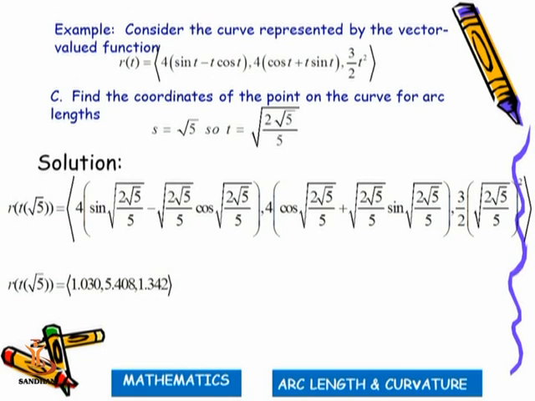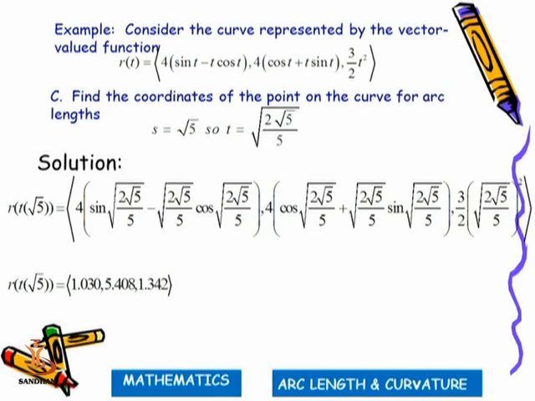Another example. For the same vector function, we have the C part. Find the coordinates of the point on the curve for arc length s equal to under root of 5. So t will be, substitute the value of s in t. So we have t equal to under root of 2 under root of 5 upon 5.